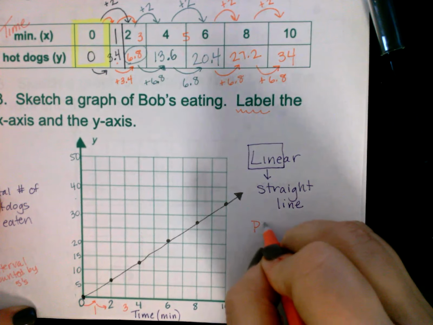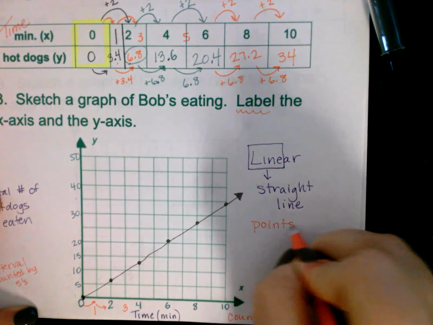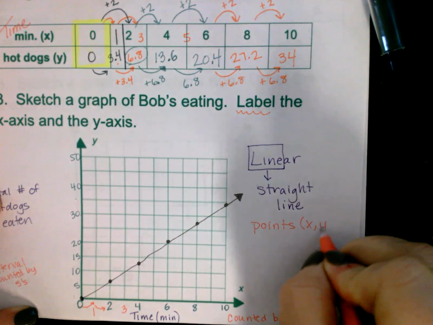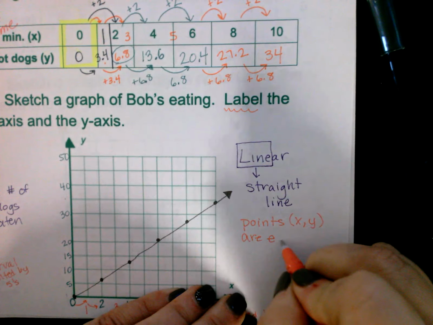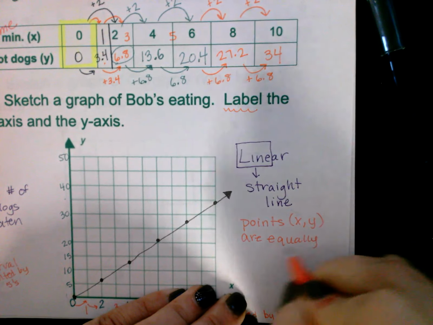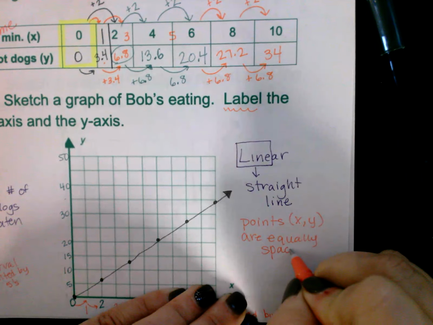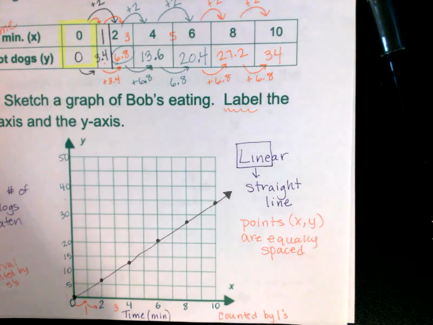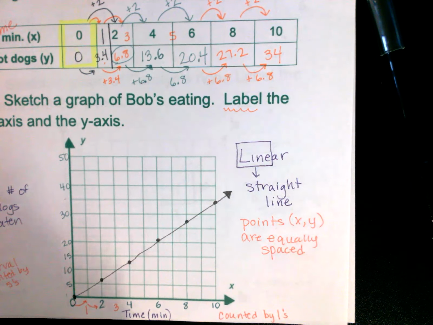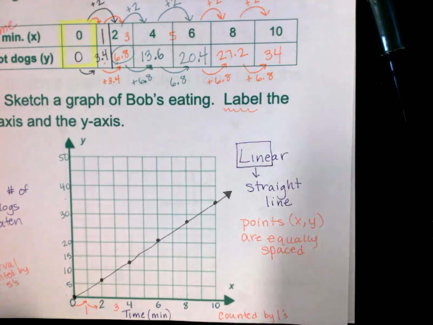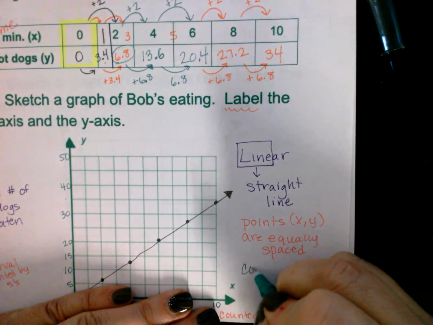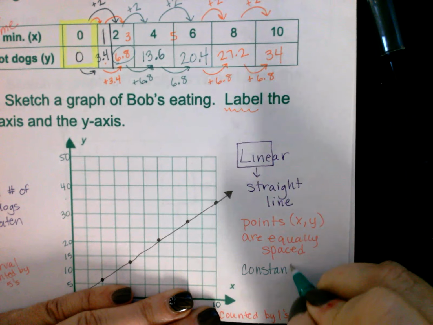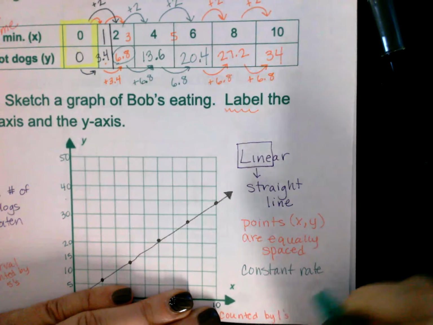Our points, our ordered pair from the table, the x's and the y's, are equally spaced again. When all of that is true, it is showing us it has a constant rate of change.